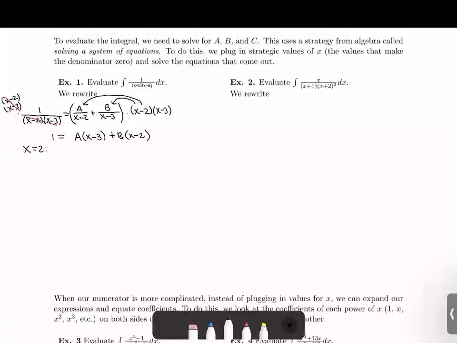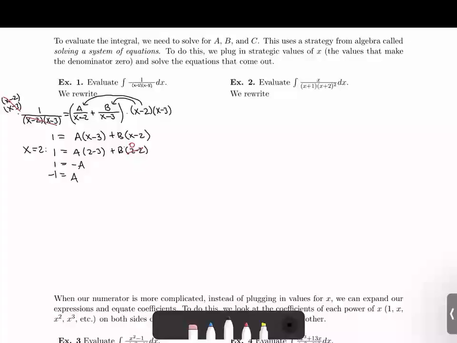Whenever we plug in x equals 2, our new equation is 1 equals A times 2 minus 3 plus B times 2 minus 2. Remember we picked this so that x minus 2 is now equal to 0, and we know that anything times 0 is 0. So we just have the equation that 1 equals negative A, because 2 minus 3 is negative 1. So that means that negative 1 equals A. So plugging in x equals 2 got rid of our B term and let us solve for A.